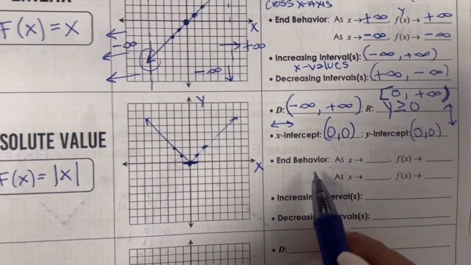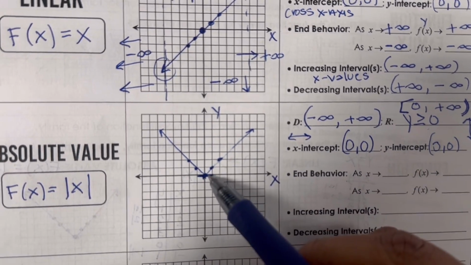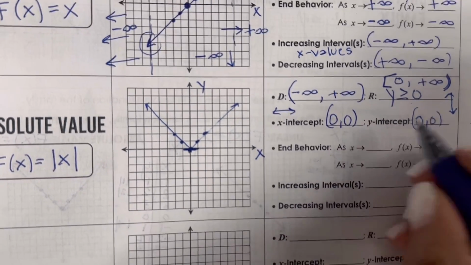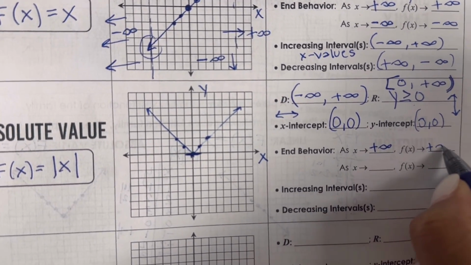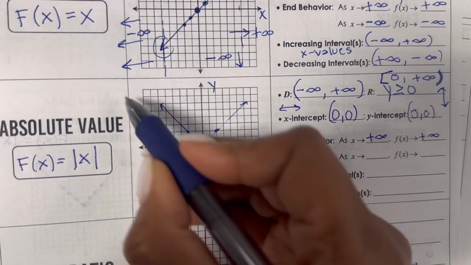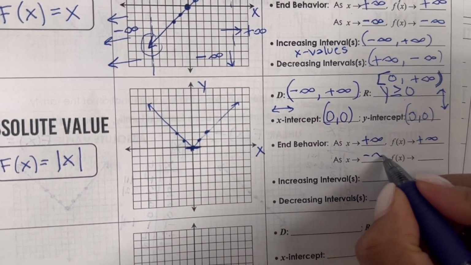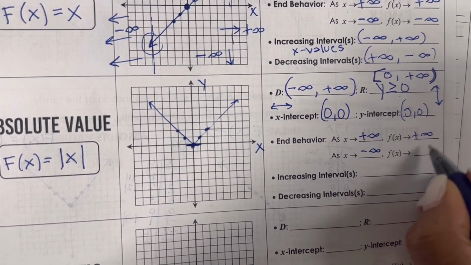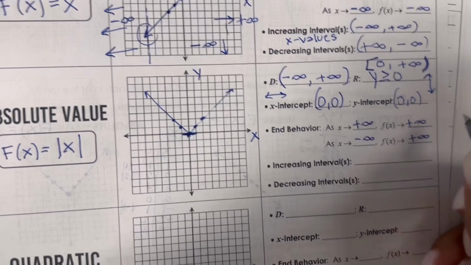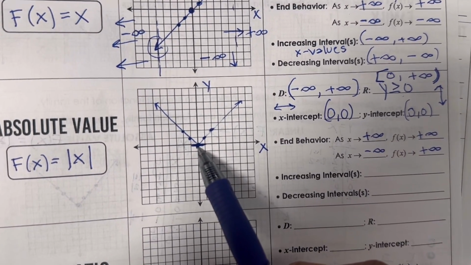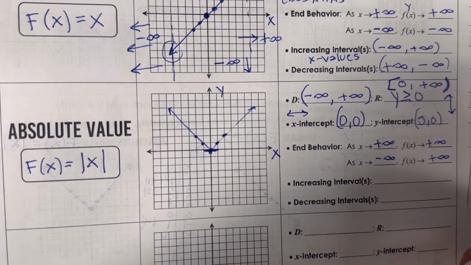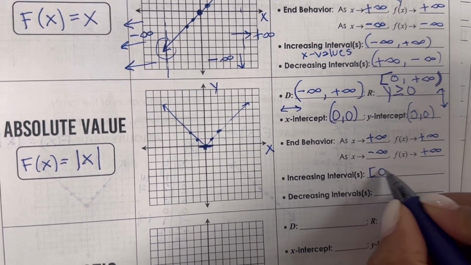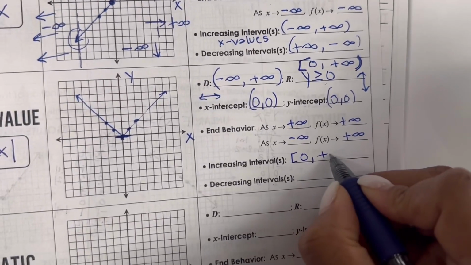And end behavior, okay? As x goes up, y goes up. As x goes left, y also goes up. Increasing, so it increases from 0 to positive infinity. 0 with the bracket, to positive infinity.